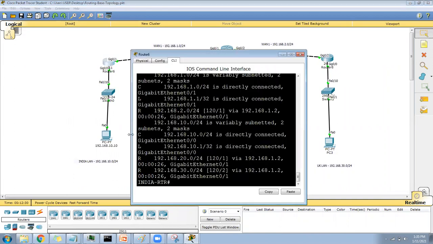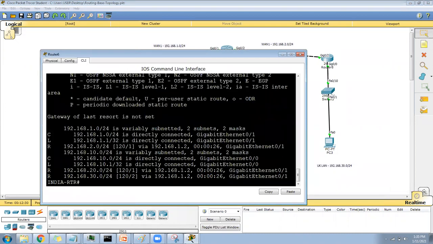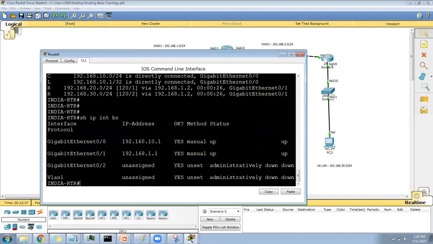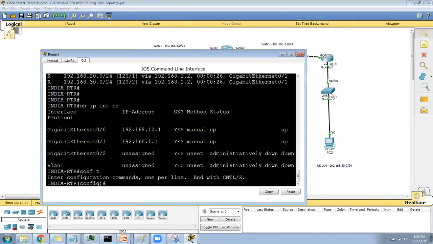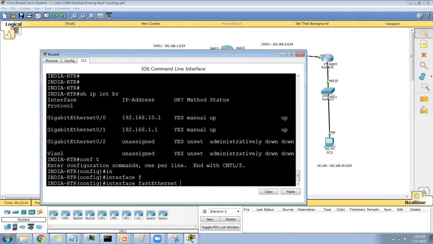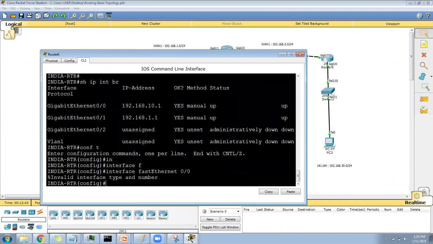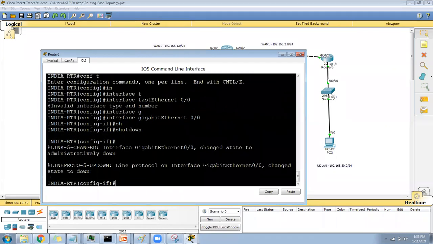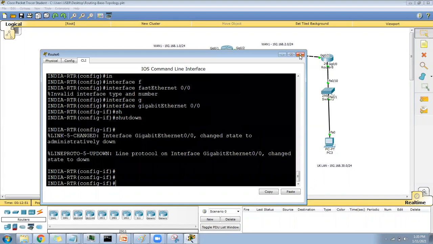Let me show you here. Show IP interface, terminal interface, sorry, gigabit ethernet. So see, just now what happened?